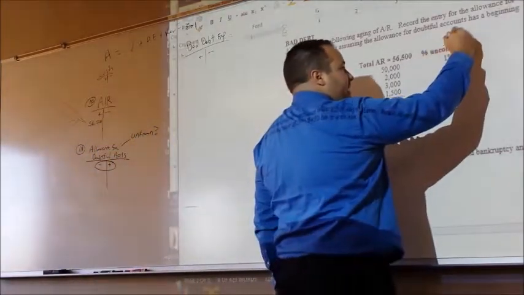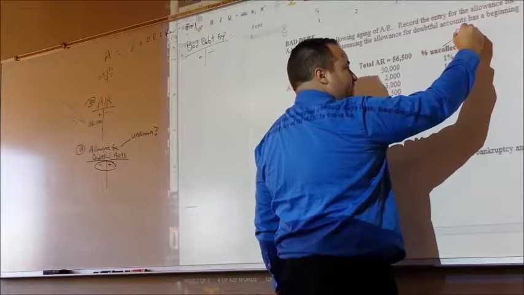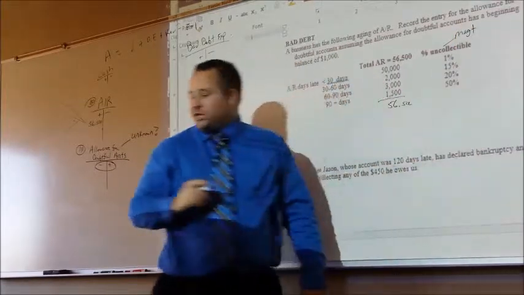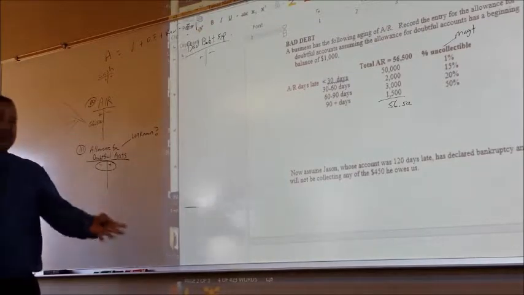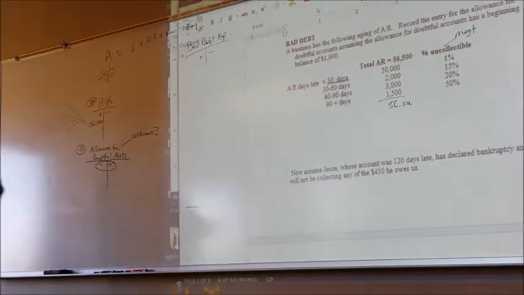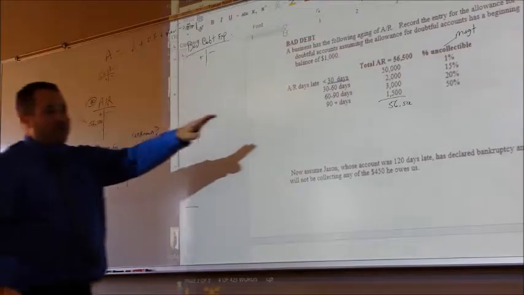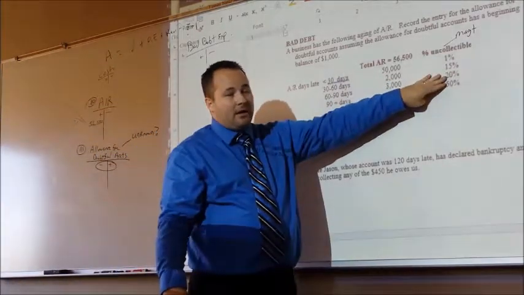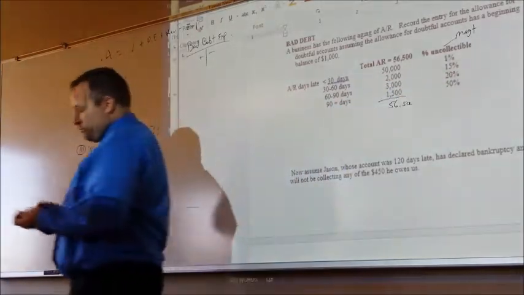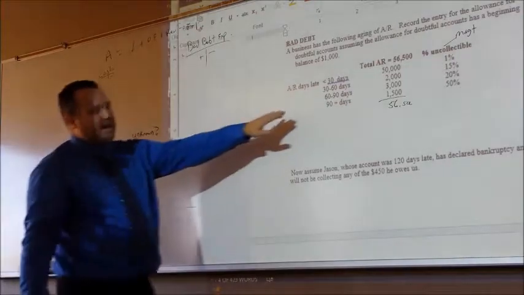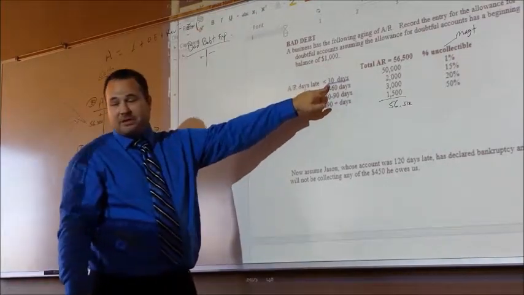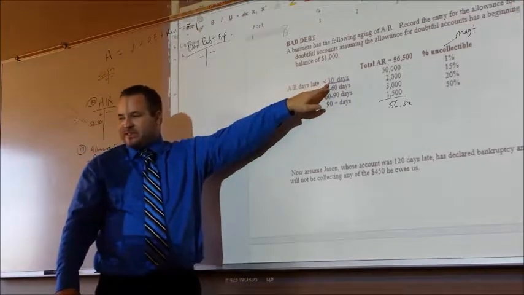This is something that management has to determine, kind of like depreciation, useful life. Remember, management decides, I'm going to be able to use this for 10 years or 5. Same thing here. They look back to their clientele and past business experience, and they say, if somebody hasn't paid me yet, there's a pretty good chance that they're still going to pay me if it's been less than 30 days.